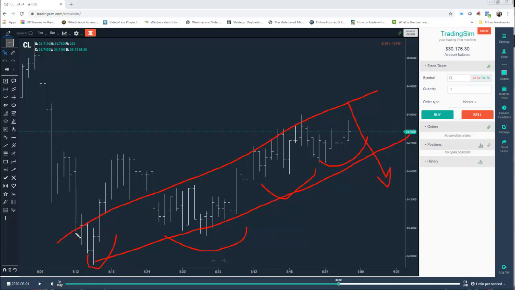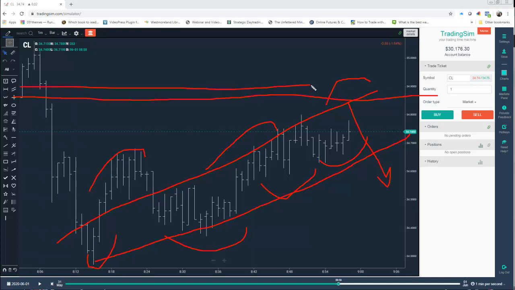How many times have we been up through here? 1, 2. Still could come up again. And this is the bar that was lower. So I still want to be short underneath roughly somewhere in that area perhaps.